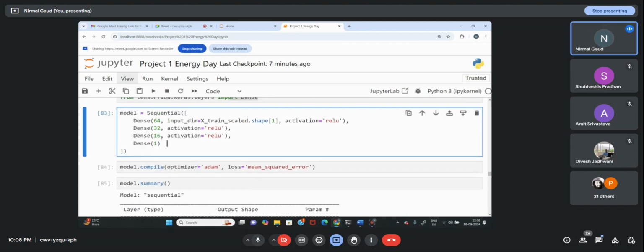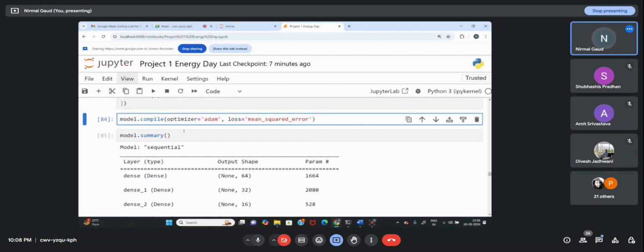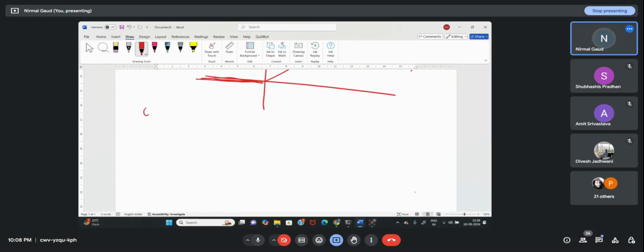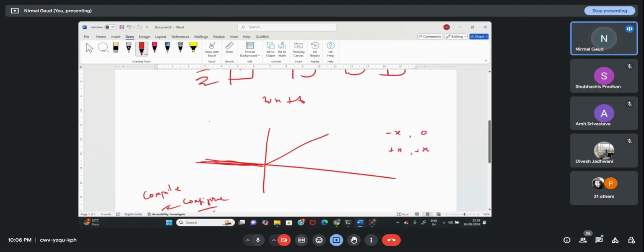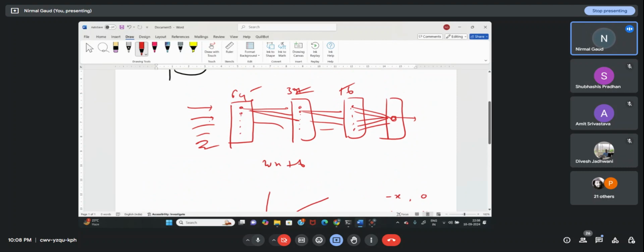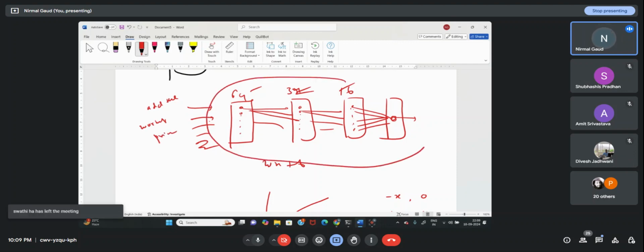Very simple architecture I used. Then I compiled my model. Compilation means to configure your architecture. You have developed the architecture, which means you have the components of the architecture, but unless you add the working principle to it, how can you make this model active?